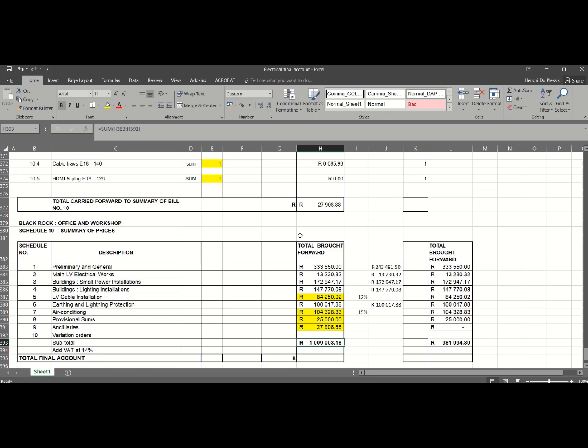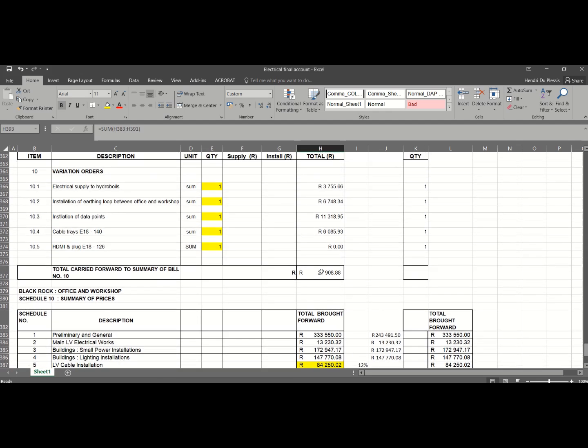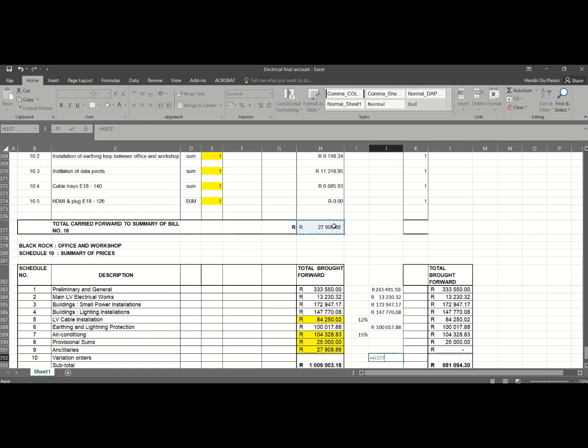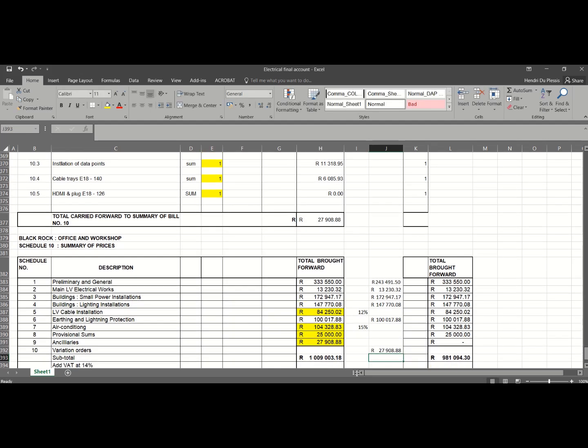Okay, and then the variation orders I will include here as well, just here next to variation orders. Okay, in your case variation orders probably won't be included. So then we do our sum.